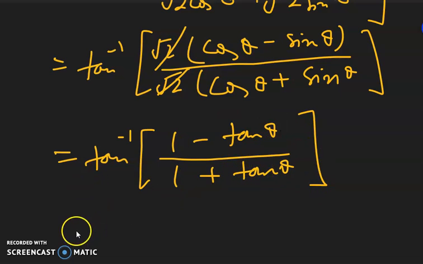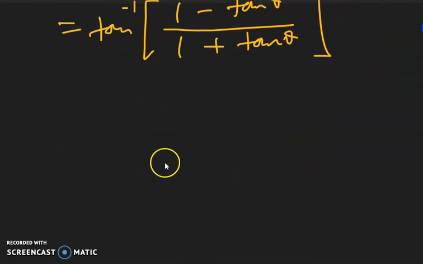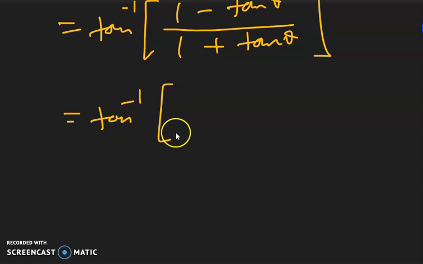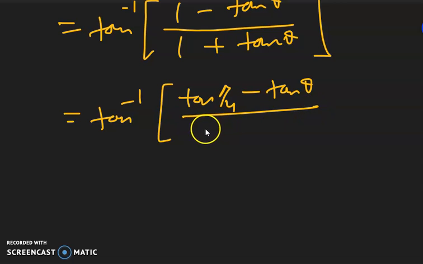Now, if I look carefully, this is a function of tan, which can be written as tan inverse of 1 minus tan theta divided by 1 plus tan theta.